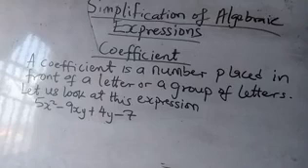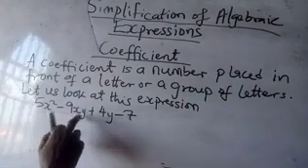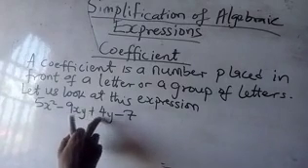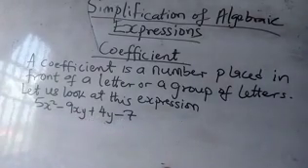Let us look at another terminology called coefficient. A coefficient is a number placed in front of a letter or a group of letters. Let us look at this expression: 5x squared minus 9xy plus 4y minus 7. Each of the terms has its own coefficient.